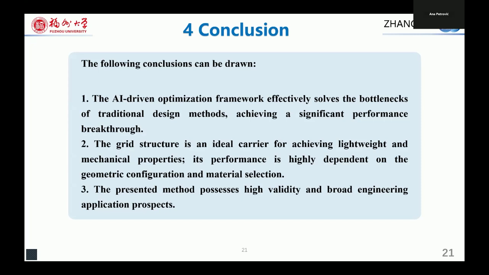The grid structure is an ideal carrier for achieving lightweight and mechanical properties, and its performance is highly dependent on the geometry configuration and also the materials. The present method has high validity and broad engineering application prospects.